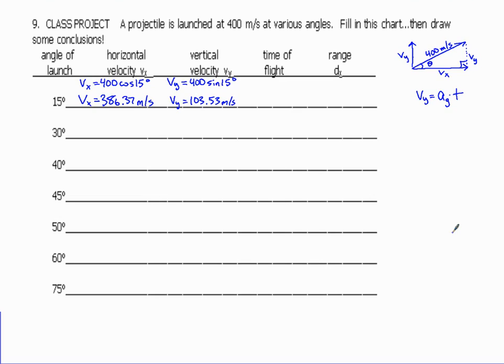And so what we're going to do is rearrange this formula to find the time. The time is vertical velocity divided by the acceleration of gravity, times 2. We should even make the note here that this is up and down.